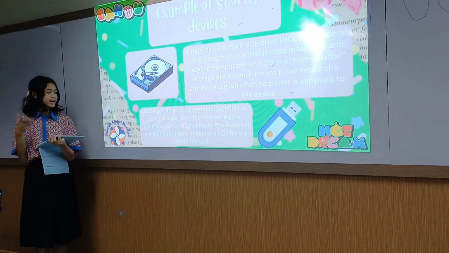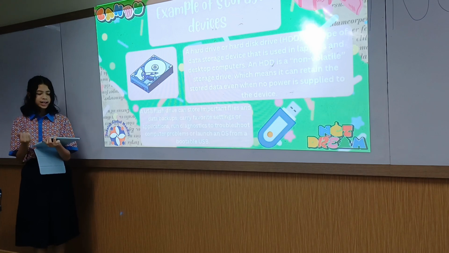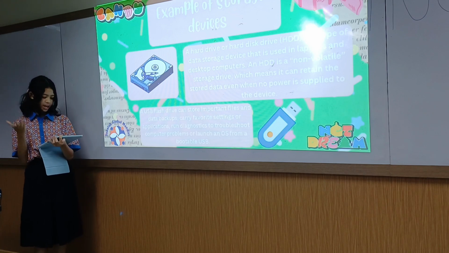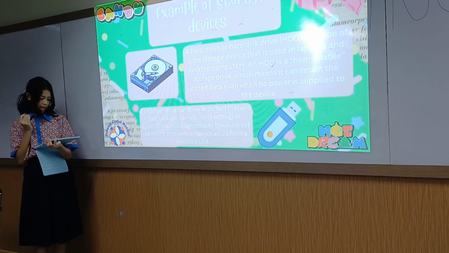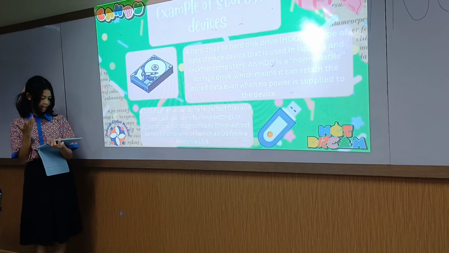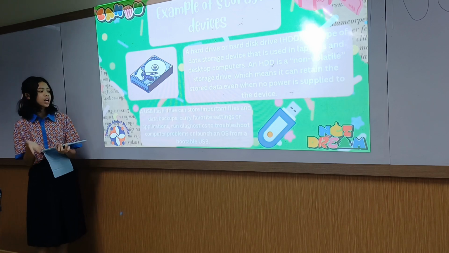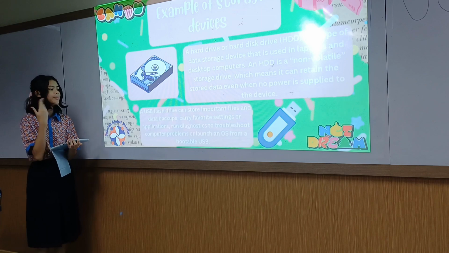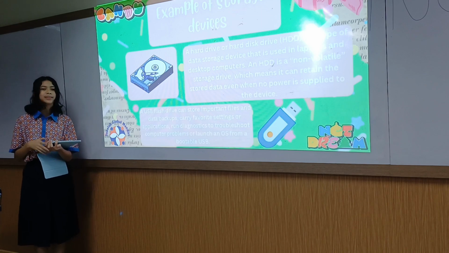The second one, a USB flash drive, can store important files and data backups, carry favorite settings or applications, run diagnostics to troubleshoot computer problems, or launch an OS from a bootable USB.